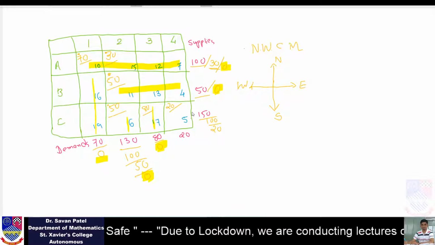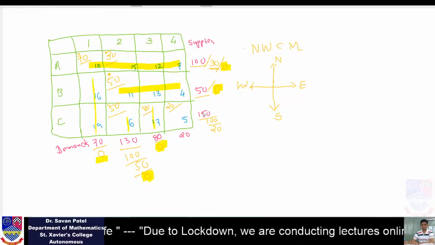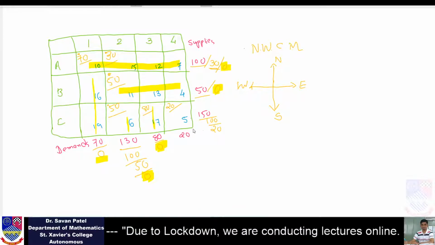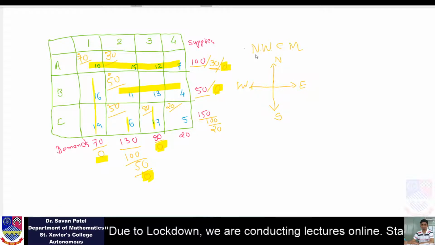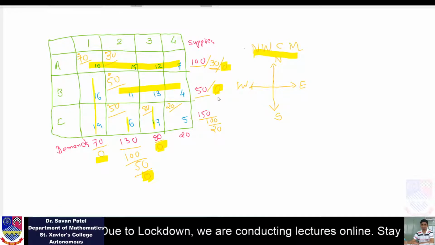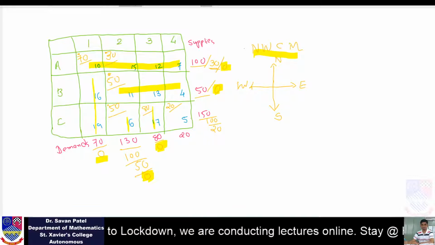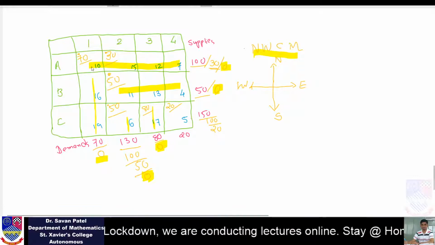Total supply is 300 units, and total demand also sums up to 300. So when the total demand is the same as the supply, we can apply the northwest corner method to reach at least one feasible solution.